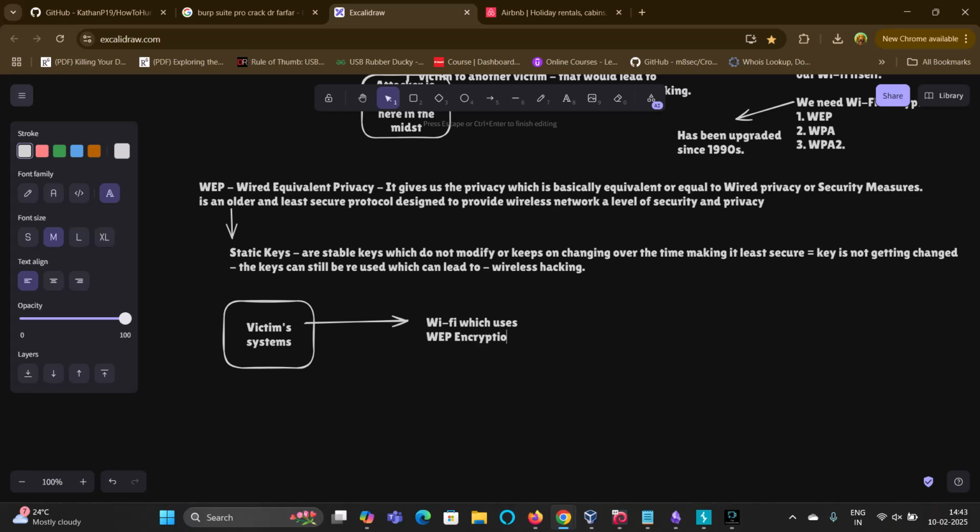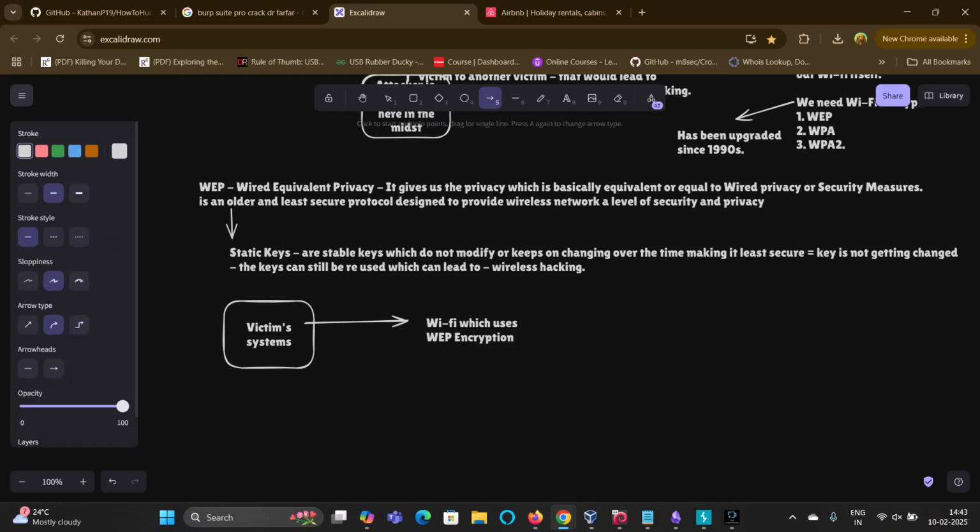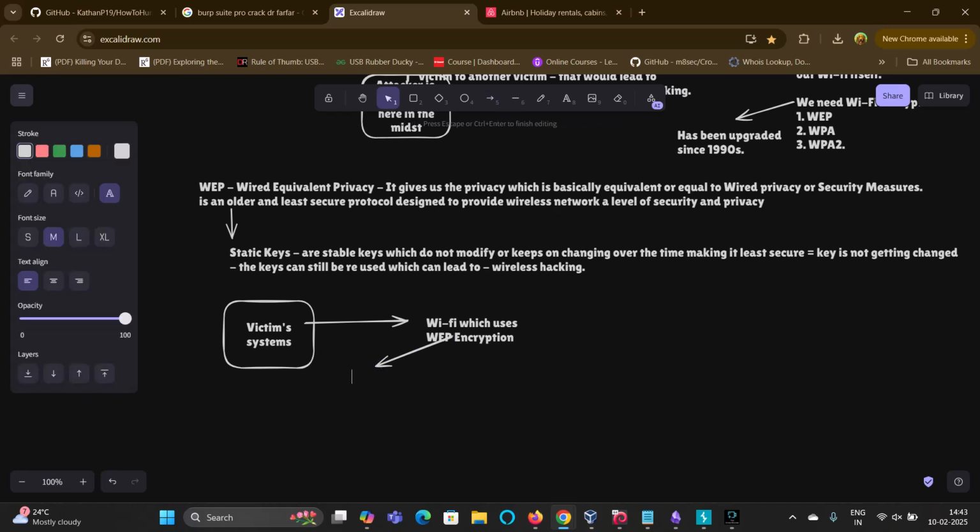If the system is using WEP encryption, there are chances that it uses static keys, and they are the same all over the time, and haven't changed for quite a long time.